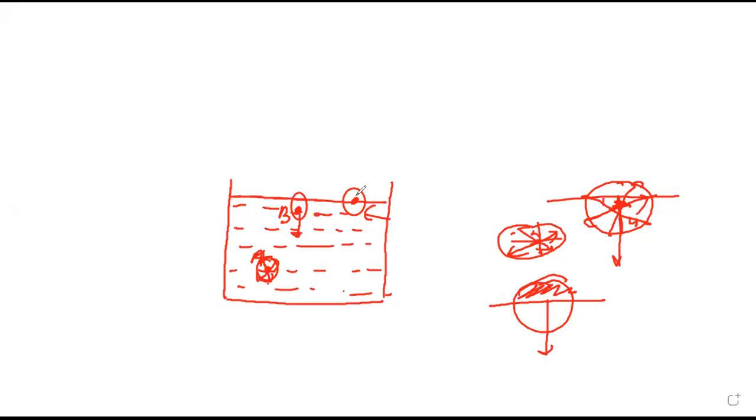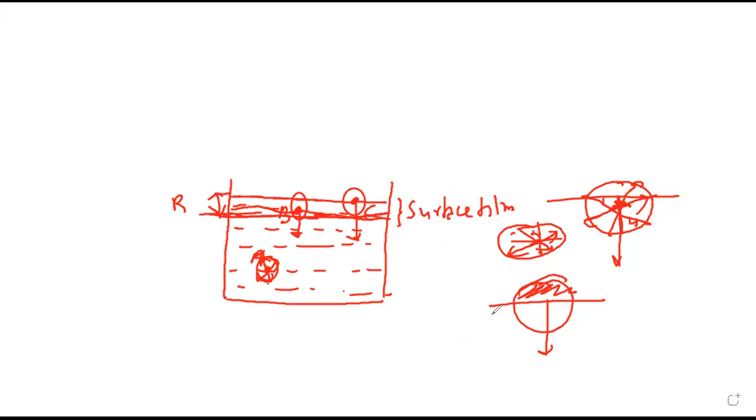So every molecule which is present at a distance equal to molecular range, those molecules which are present up to the distance of molecular range from the surface, called as surface film, they are acted upon by resultant downward force.